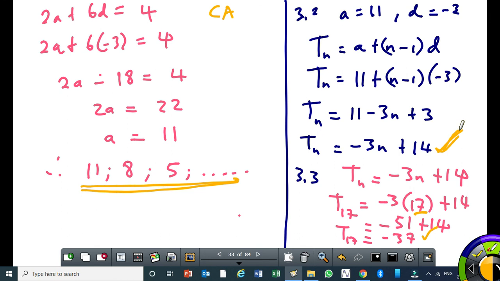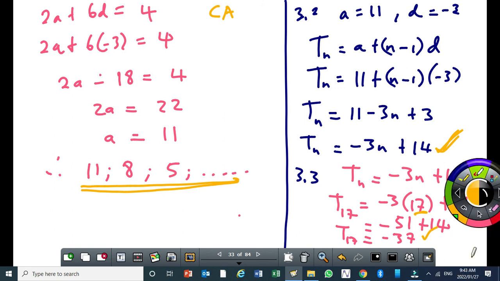All right. I hope you took note of this. This is method 2. If you are clever, you can write it in your notebook as well. This is method 2 for 3.3.